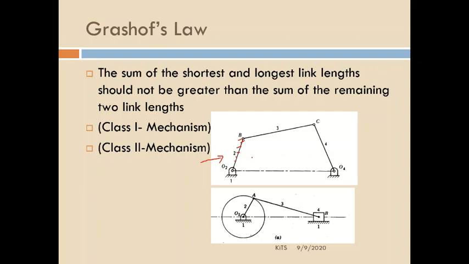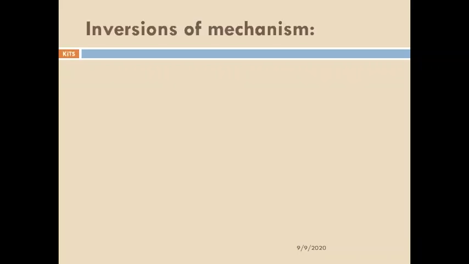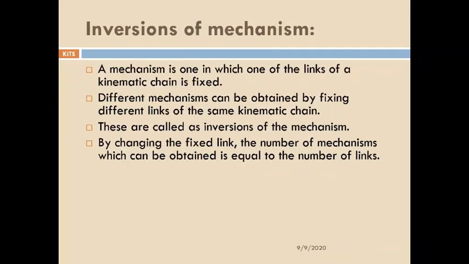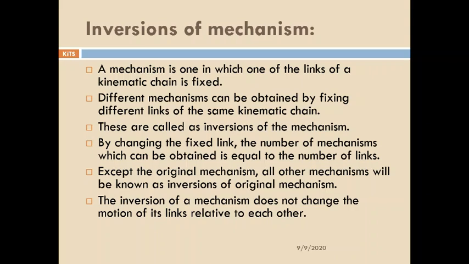From the original mechanism, if I change the fixed link, or change any one link's length, shape or size, that is called inversion of mechanism. By changing the fixed link, the number of mechanisms which can be obtained is equal to the number of links. So if we have 4 links, then we can get 4 kinds of inversion of mechanism.